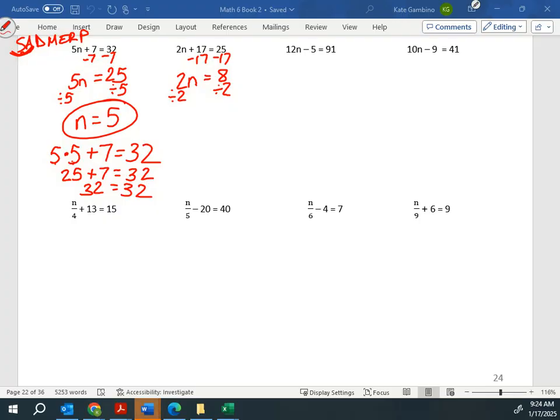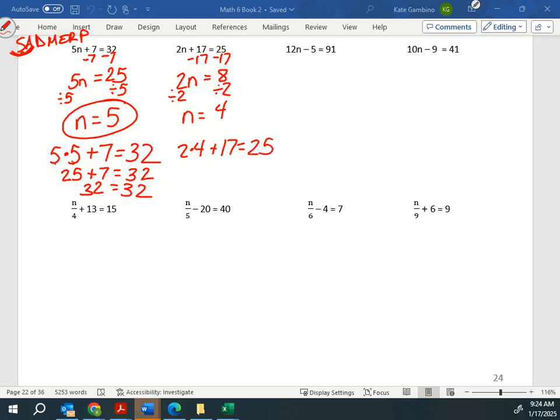2 divided by 2 is 1. So that leaves me with just n, because we know there's a 1 in front of the n. 1 times n is n. 8 divided by 2 is 4. So now I'm going to plug that 4 back into my equation and see if I did my math correct.